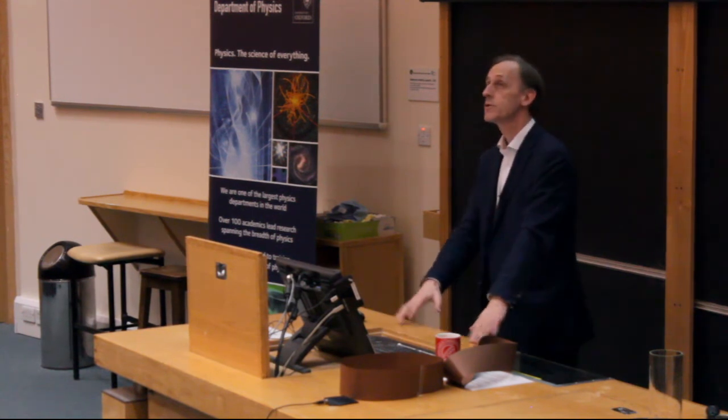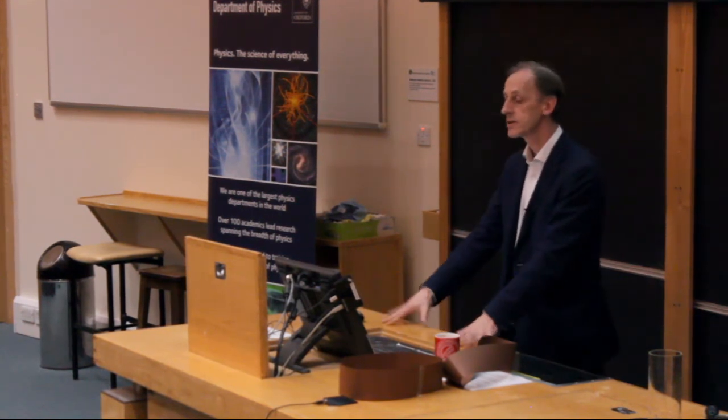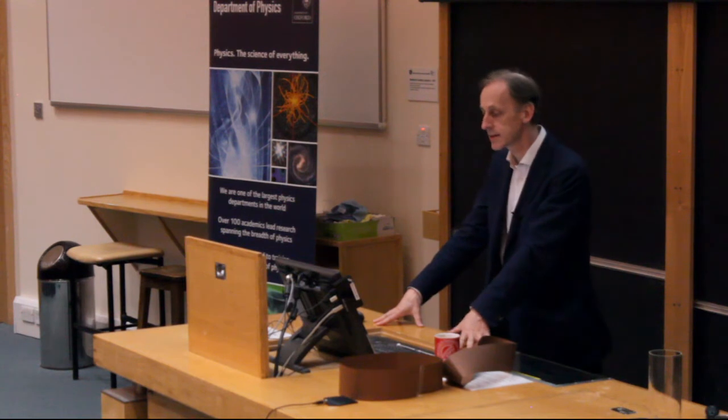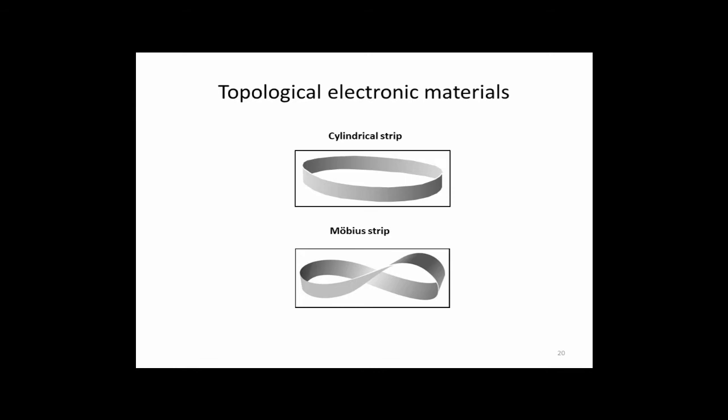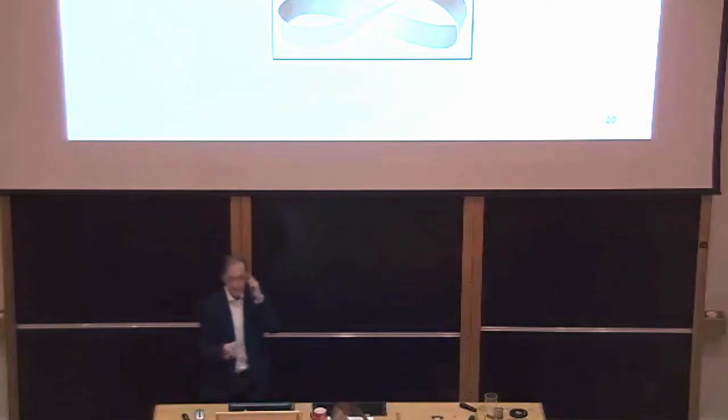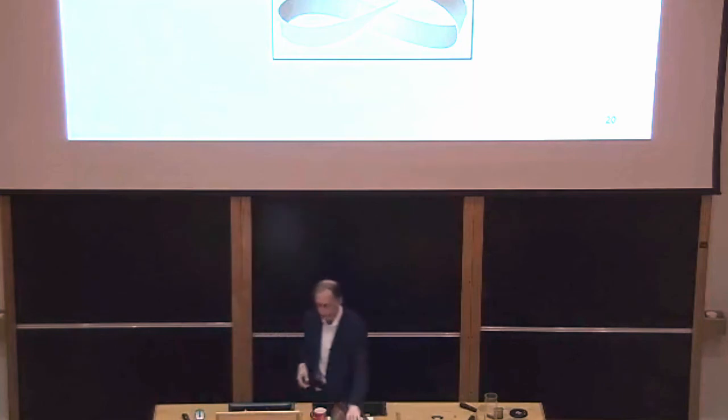Okay, so I want to move on to the second of these big ideas which is influencing this field, and that's the idea of topology. Topology is a branch of geometry which deals with the question of whether you can continuously deform one shape into another shape. And this, of course, is a simple example.